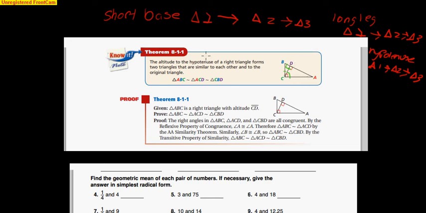So when you rearrange it, you're going to have to put CBD, and D is at the right angle. So D is going to be here, B is going to be there, and C would be here, right? And you can see that AC is to CB, right? So that's what's drawing these connections.